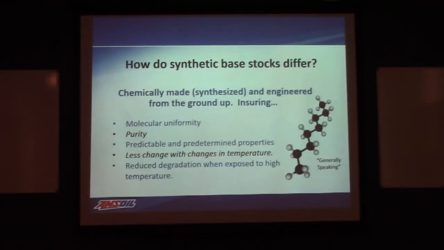What's really the difference between the two? Well, mineral oils are refined and somewhat purified and changed a little bit to improve their characteristics. But like I said, they have issues. They have issues with molecular uniformity.